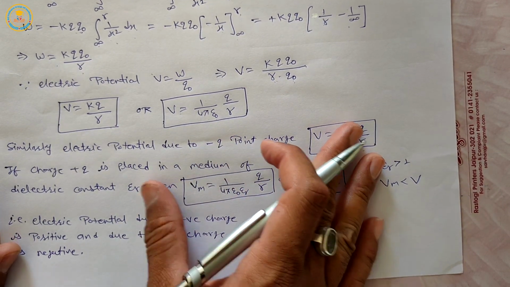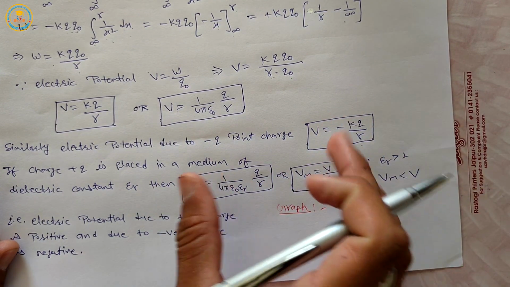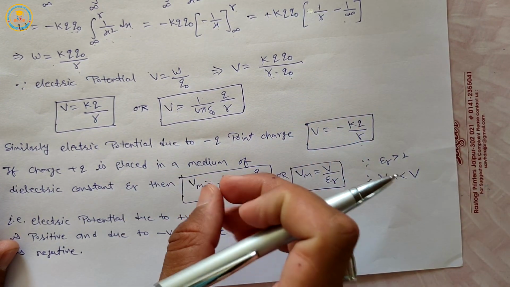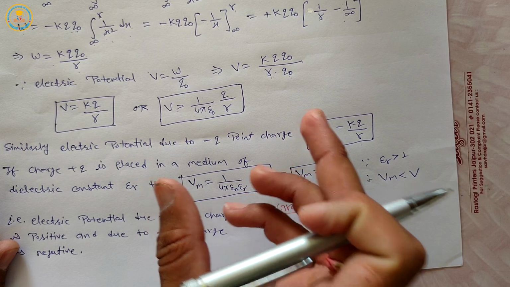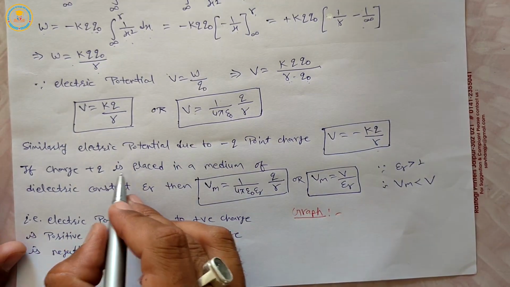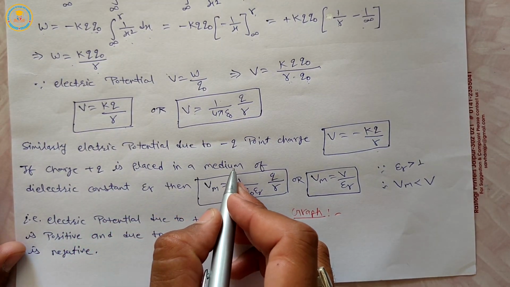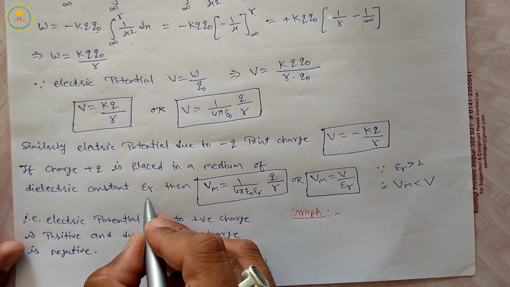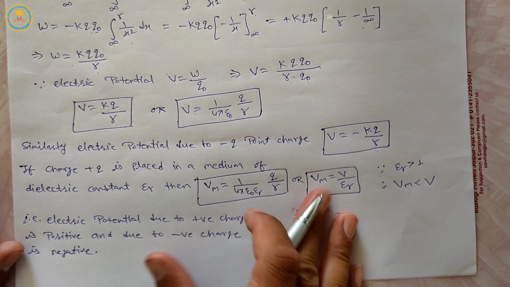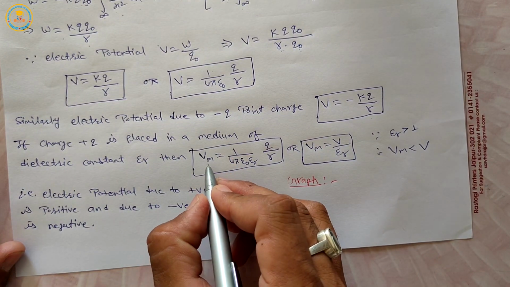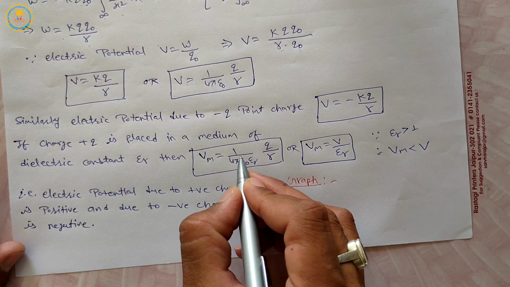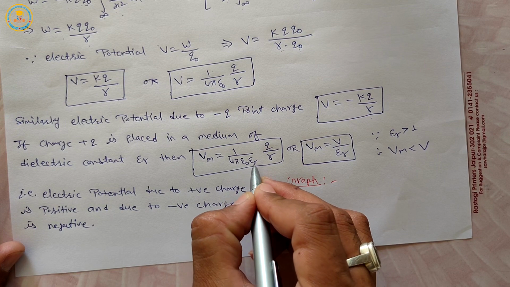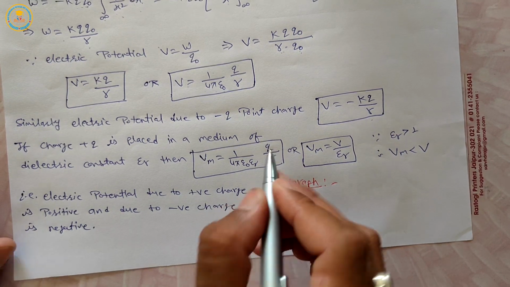Now we put this system in a medium, which means the charge plus Q is placed in a medium, and the dielectric constant of the medium is epsilon r. Then the electric potential in a medium Vm is equal to 1 upon 4 pi epsilon naught epsilon r, Q upon r.